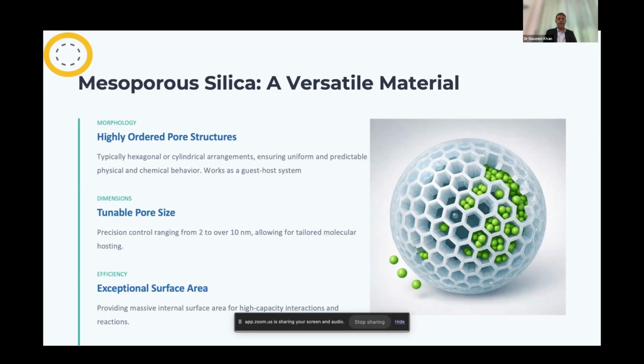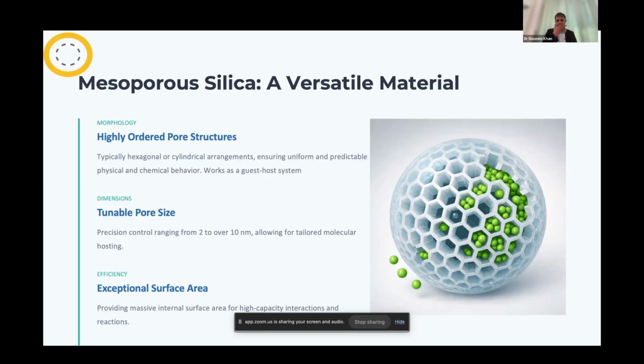The pore size is controllable, ranging from 2 to 10 nanometers, allowing tailored molecules which we manufacture. It also has exponential surface area, providing massive internal surface area for high-capacity interactions and reactions when it interacts with the API.